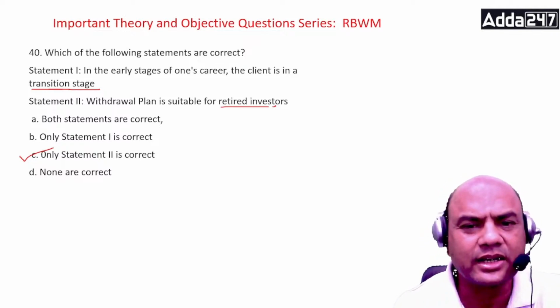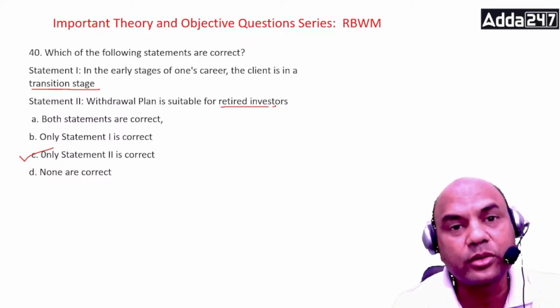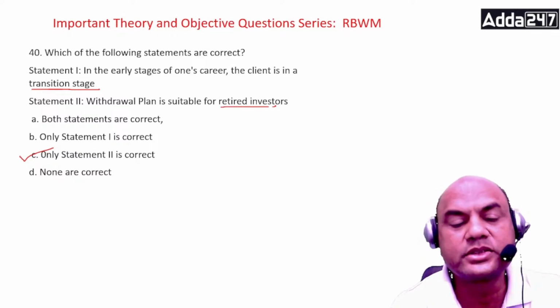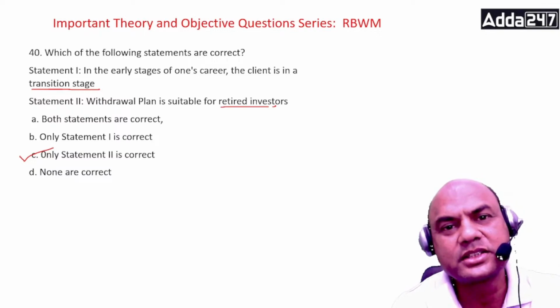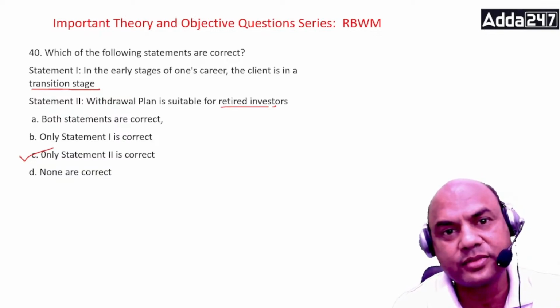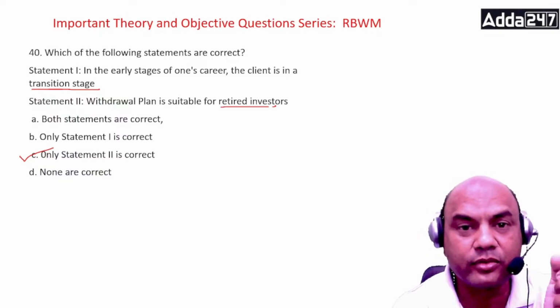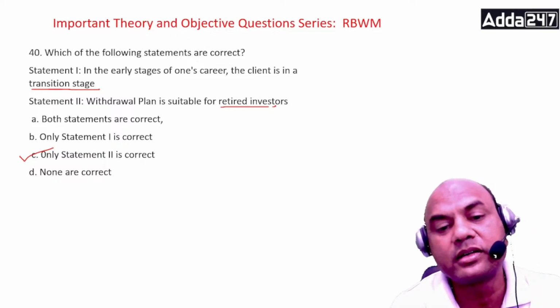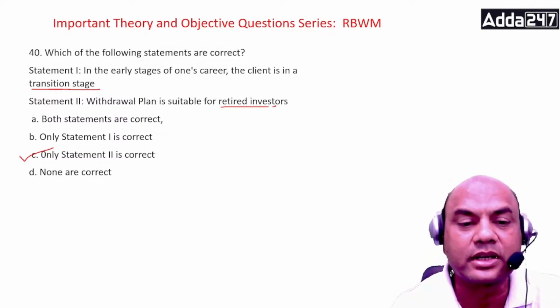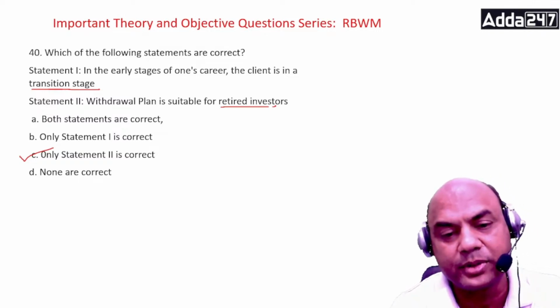The client is in the accumulation stage. You might have done your studies and spent a lot on your education, so then you need to accumulate. Surplus is more in the early stage of one's career due to limited wants and expenditure.